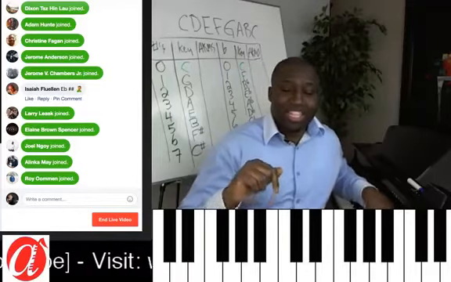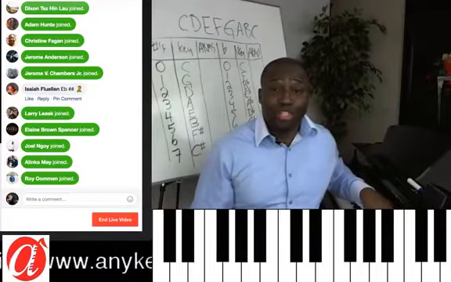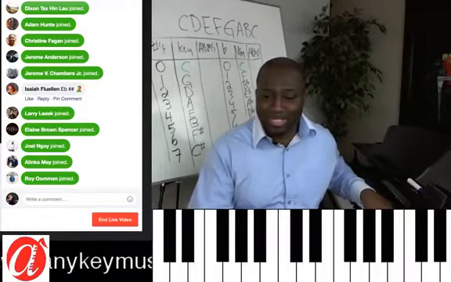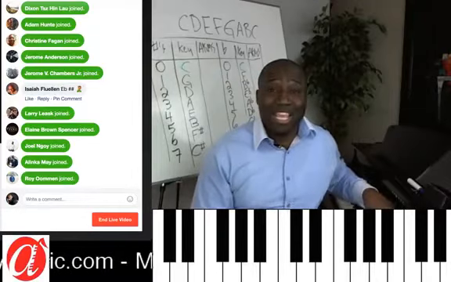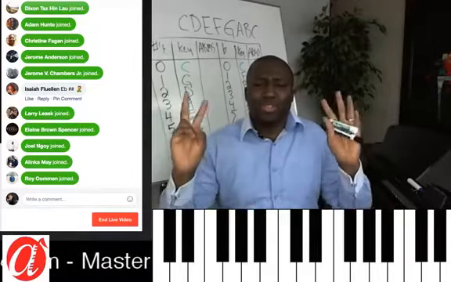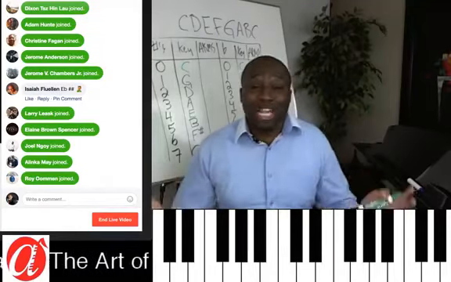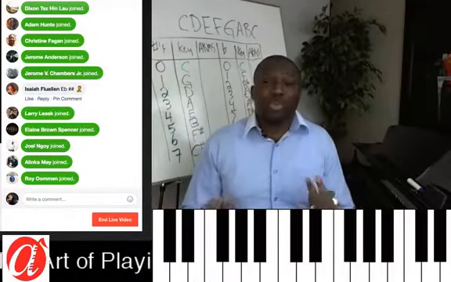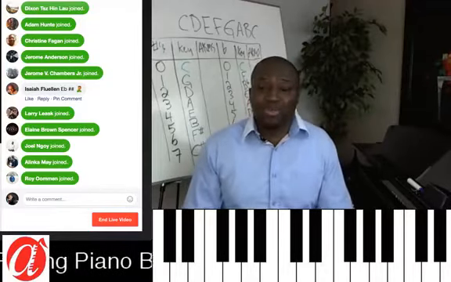But the name of this key is called B. However, according to theory, according to the justification of correct spelling and key signatures, we're supposed to call it a C flat. That's supposed to be correct.